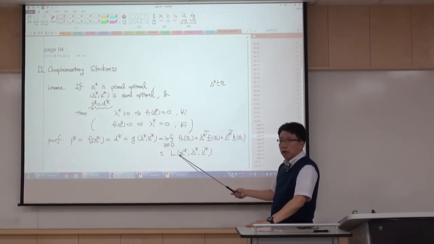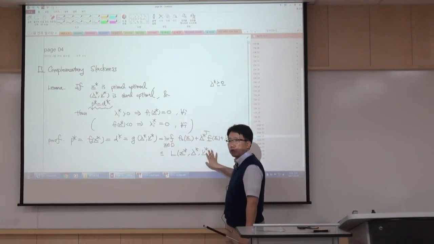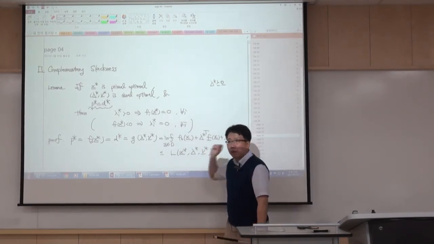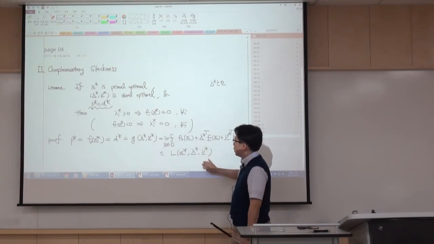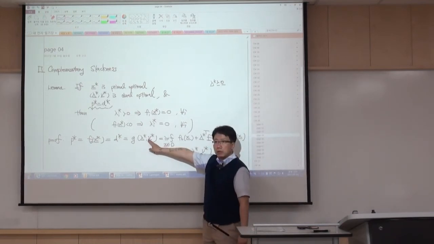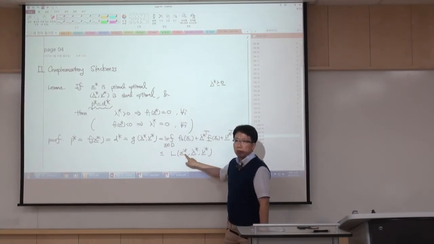Given a Lagrangian L of x, lambda, nu, suppose you just evaluate that at some x star, lambda star, nu star. Now let's compare that with this one. Here, x may not equal x star. We don't know, right?